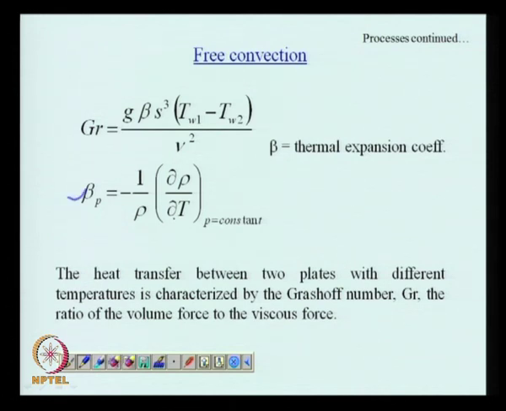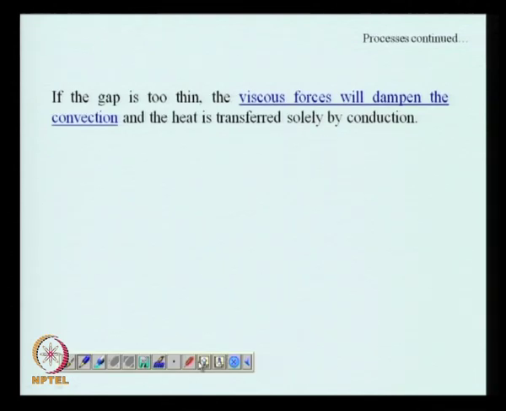So, it is the different expansion of the gases and the corresponding changes in density at a constant temperature which is going to cause the fluid to rise, and the Grashof number is a characteristic of the flow, which is nothing but the ratio of the volume force to the viscous force. Okay. So, this tells us about the dimensionless number, the Grashof number, which governs such a process.